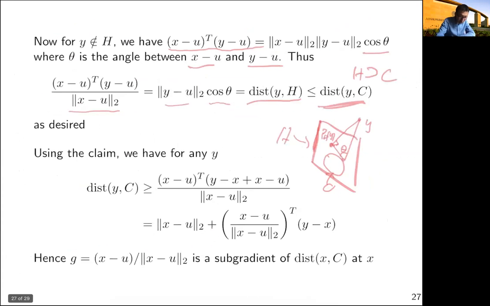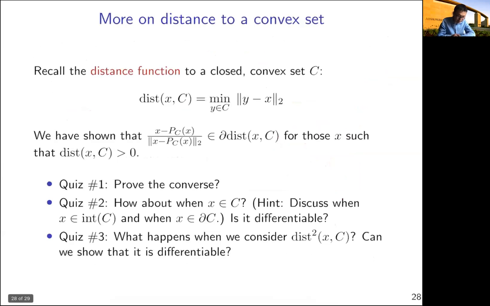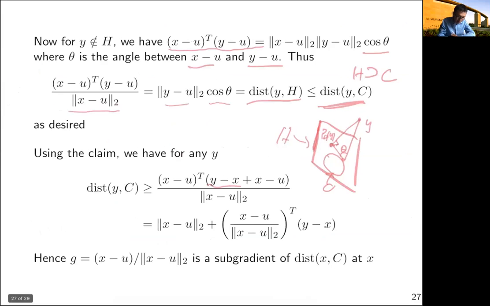Okay, so now let me tell you how to use this claim to actually show the desired property, that x minus u normalized with this norm actually gives us a subgradient of the original function of interest. The trick is to just minus x and plus x. So let's subtract x and then add x back.